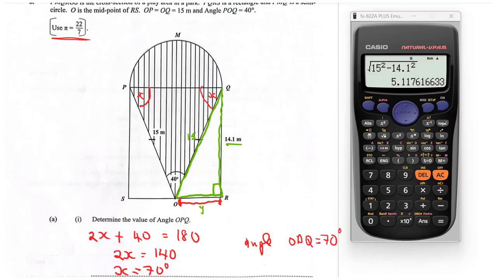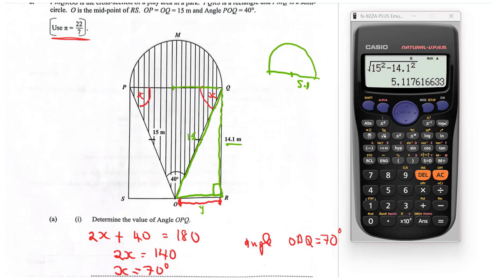Now, the area of the semicircle, we know how to find that. We already have the radius of the semicircle. The radius of the semicircle is the same value we got for OR, right? So we have a semicircle with radius 5.1. So we know how to calculate that area.